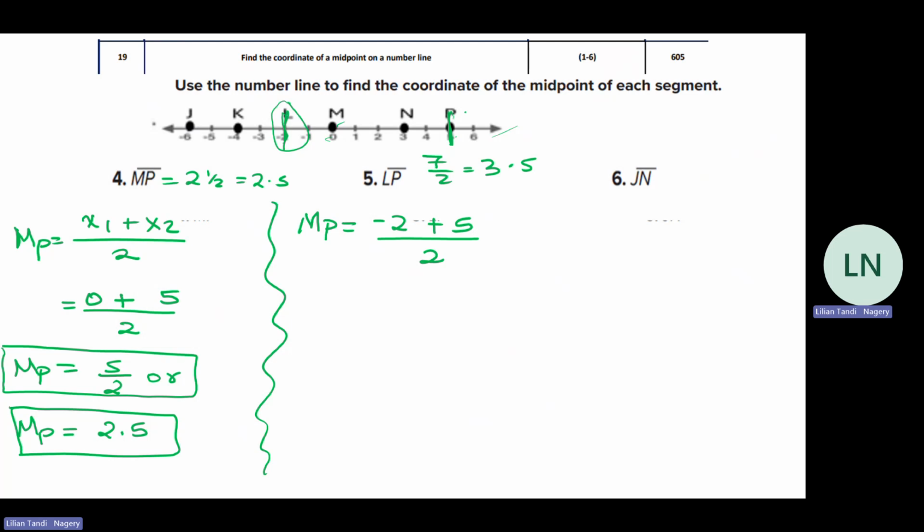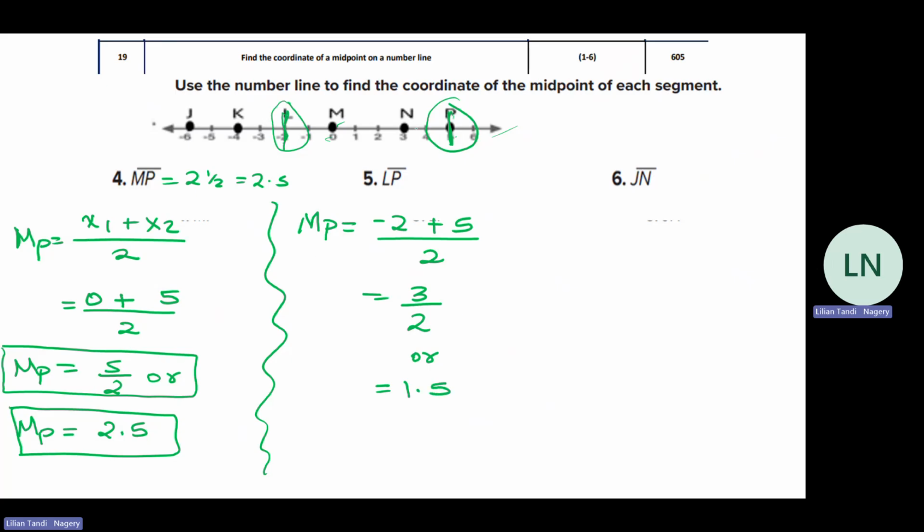L is -2, P is 5. So this will be 3 divided by 2, 1.5. I'm the one who's wrong. Kanun says it's 3/2 or 1.5. Now let me see what I did wrong.